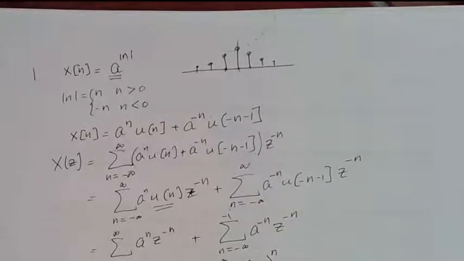Okay, so now we have all three cases. If you have a right-sided function, the region of convergence is outside of a circle. If you have a left-sided function, the region of convergence is inside of the circle. And if you have a two-sided function, the region of convergence is between two circles. Okay. Think back to the Laplace transform.